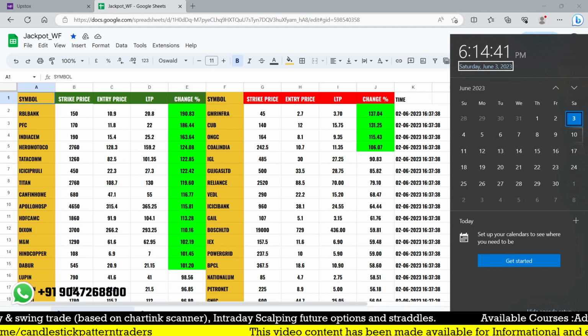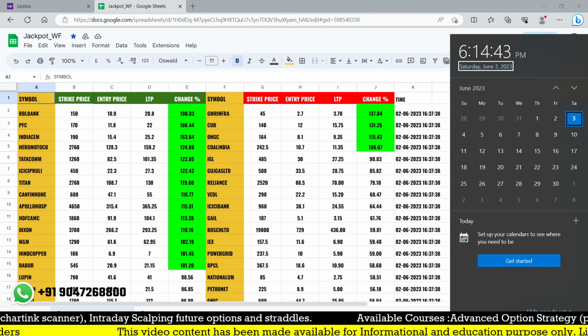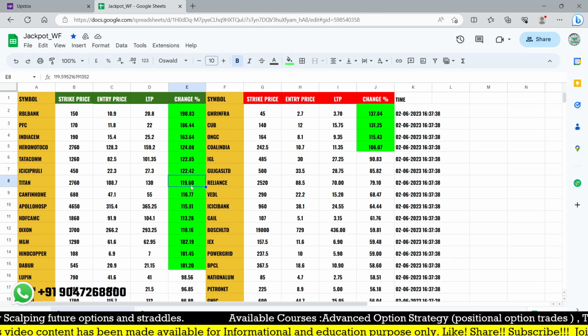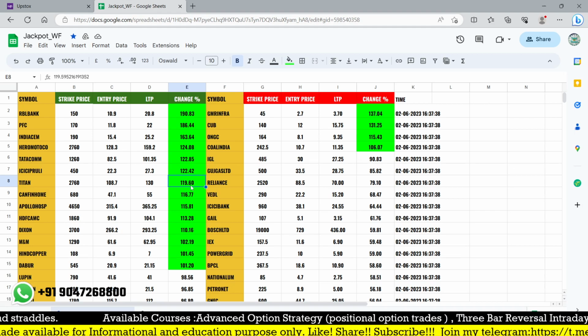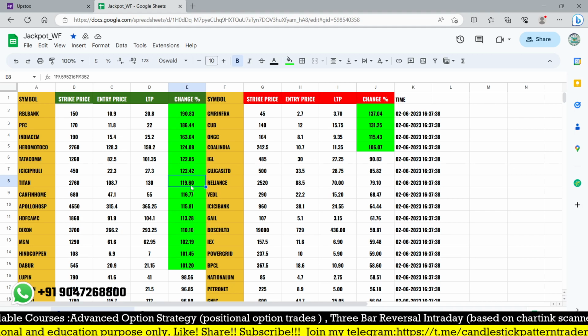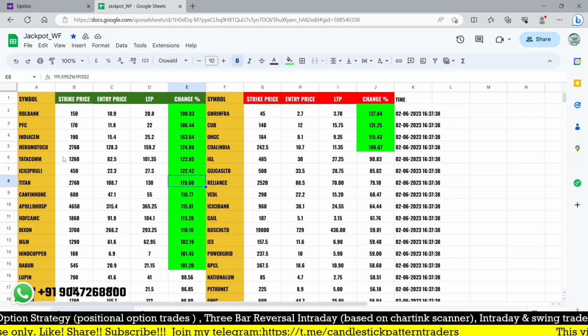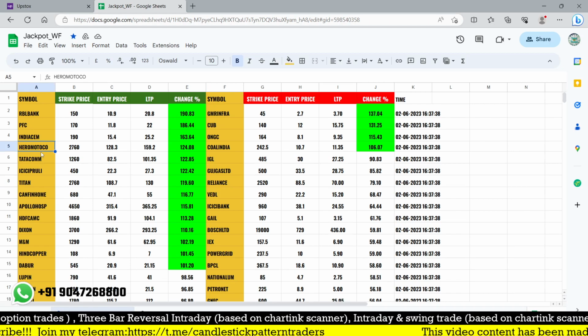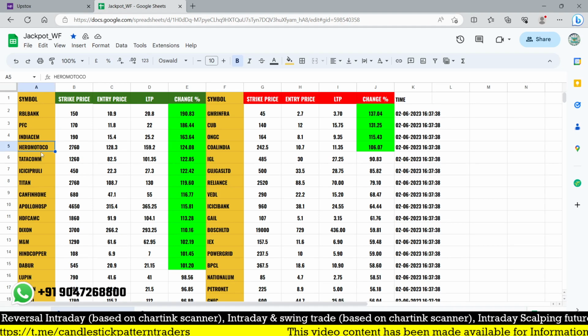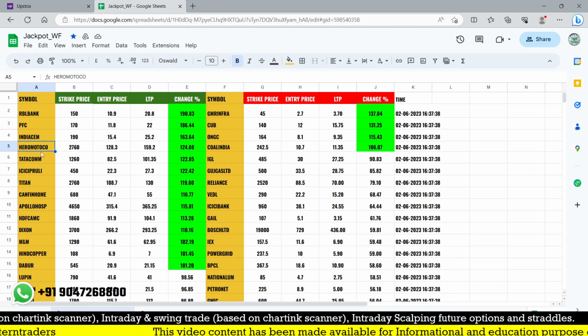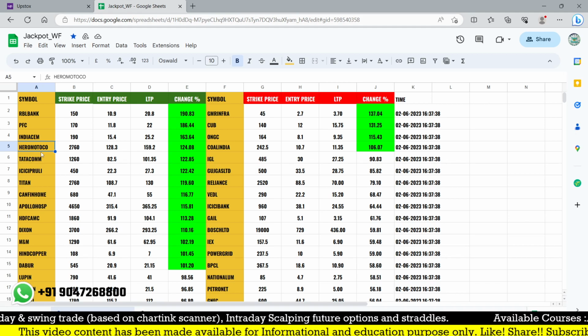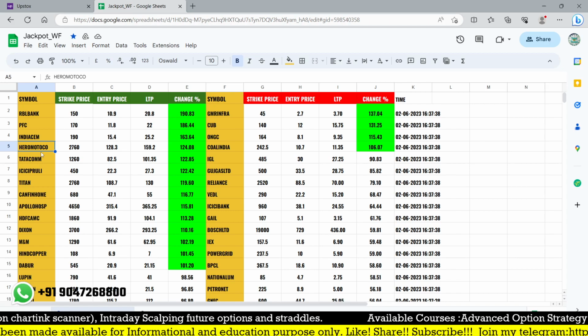In this week, I found a put option, but not all the trades are possible to take. Let me go to Hero Motorcar. This is a trade, and I remember Hero Motorcar because I follow the system on a daily basis.